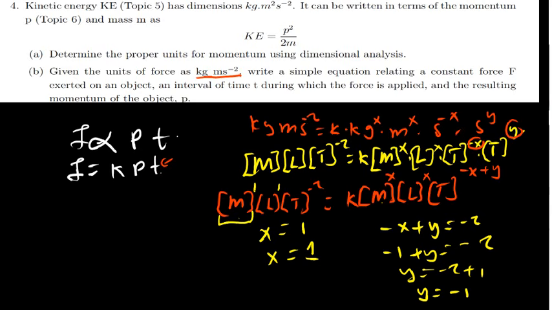Now after finding that, we go back to our formula. Our formula is force equal to K P to the power x T to the power y. Let's plug in the values: K, X is 1, and Y is negative 1.